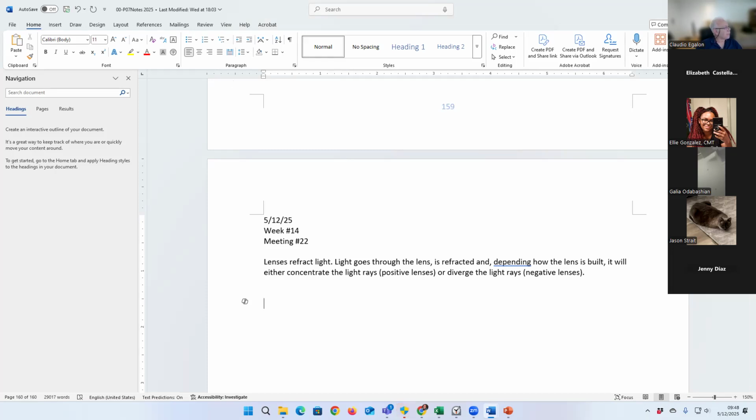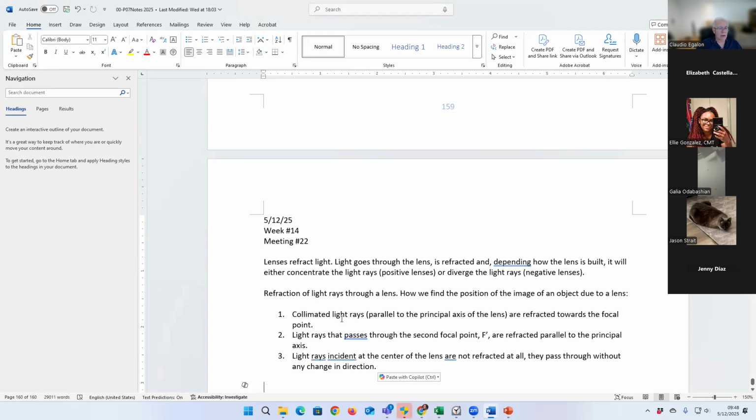Like I explained before, just like in the case of the mirror, light rays that are parallel to the principal axis of the lens, collimated light rays, are refracted towards the focal point.